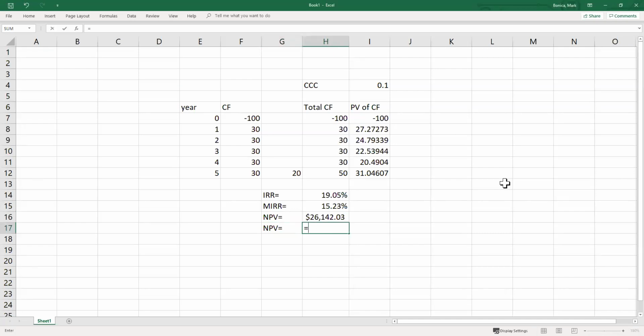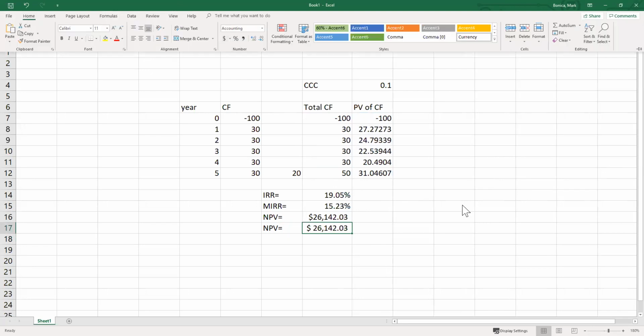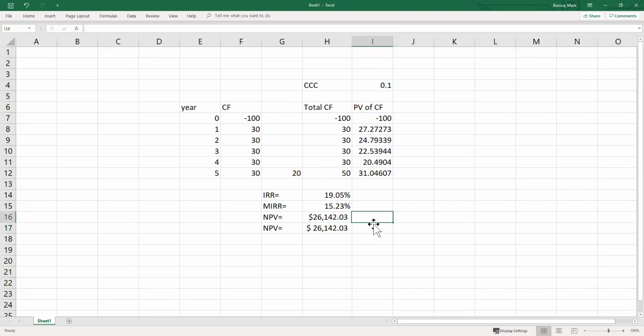It's just the sum of that column. And so you can see, again, we match up. If we were to multiply that by 1,000, we'd get 26,142, just like we did when we did it using the NPV formula.